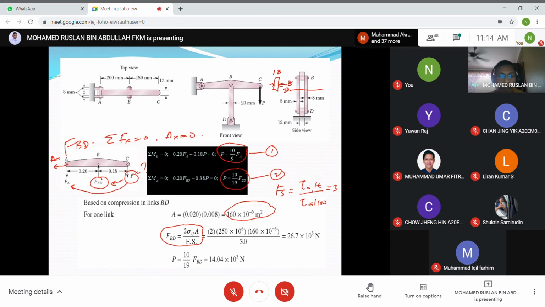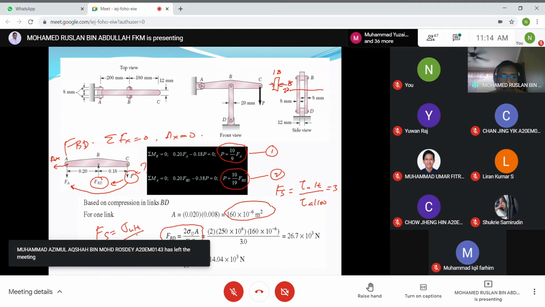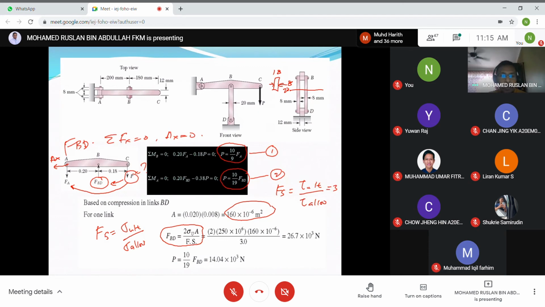For the link BD, the same thing: Fs for the link equals sigma ultimate divided by sigma allowable. This is for the link, and the other is for a pin. Pin means pin A, pin B, and pin D, and the link here is link BD. This is the formula that we have.